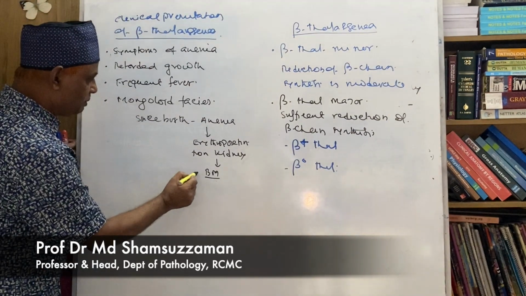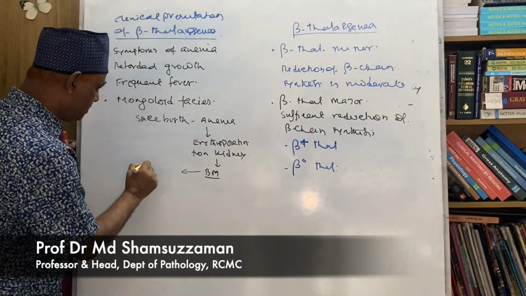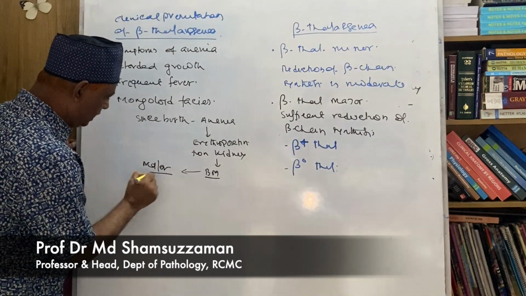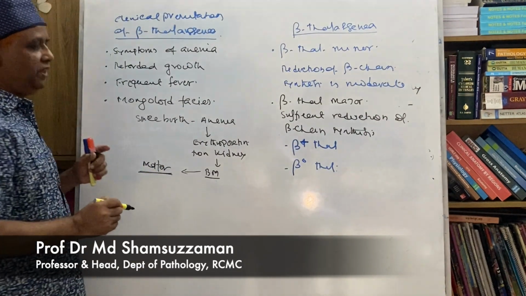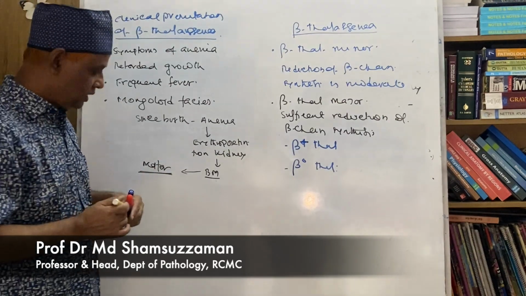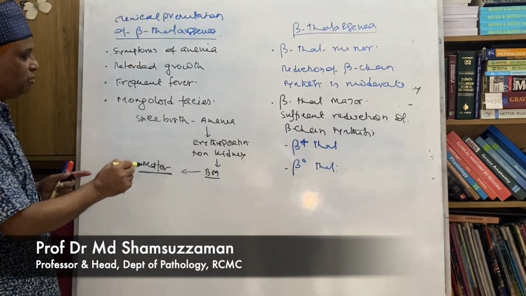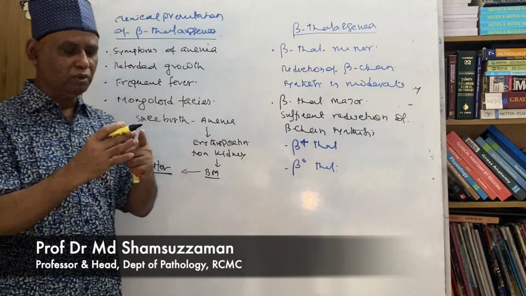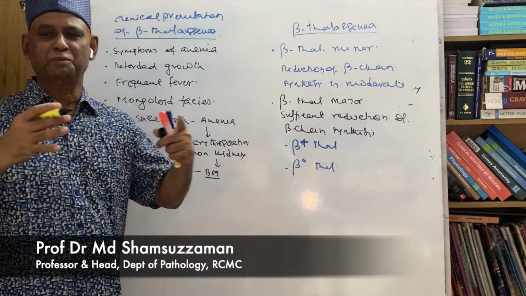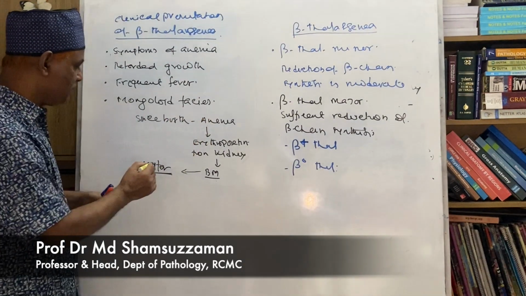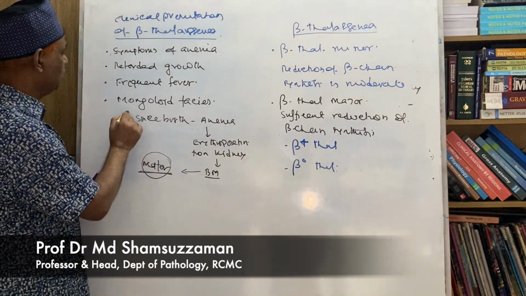As bone marrow hyperplasia occurs in the malar bones, the malar bone marrow expands. Due to expansion of the malar bones, there will be development of mongoloid facies.